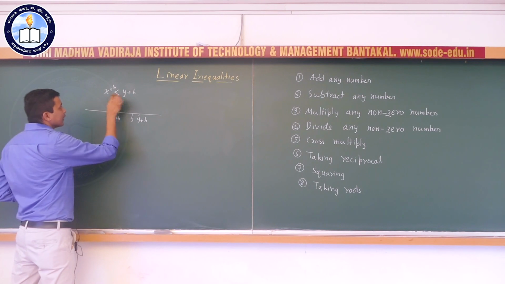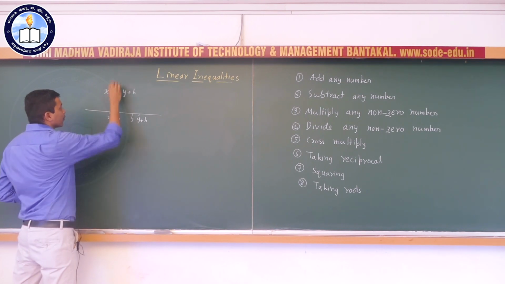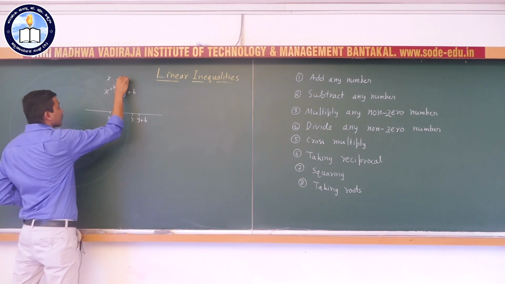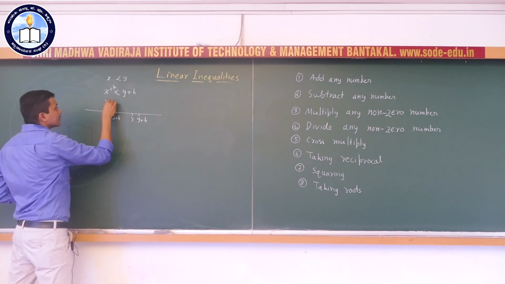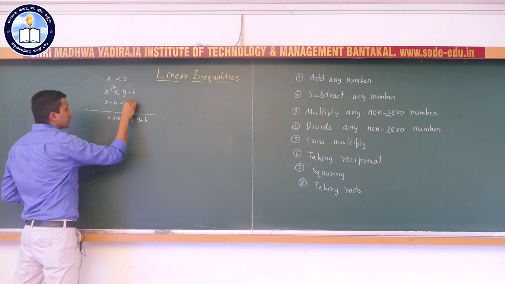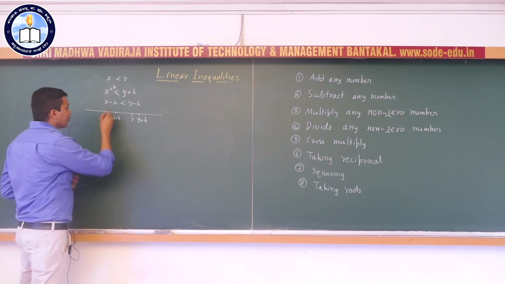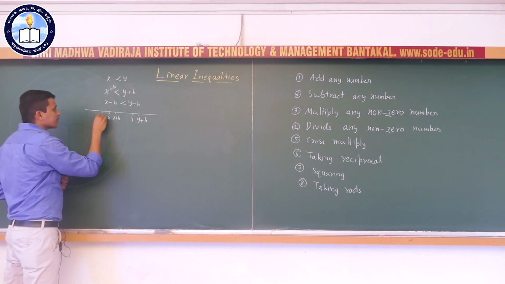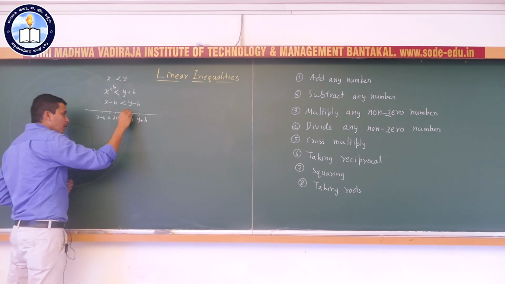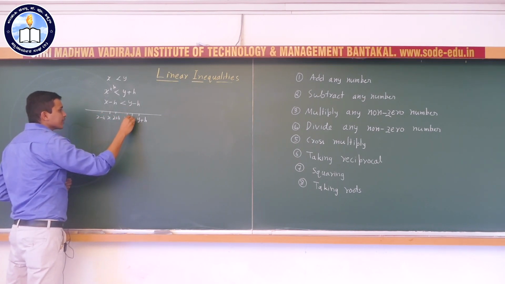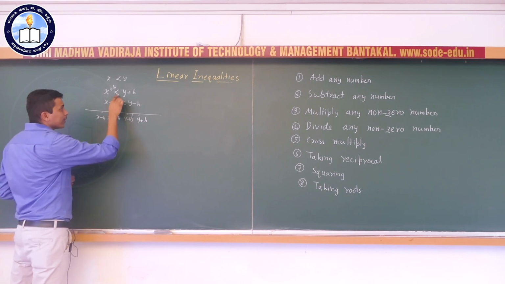Similarly, for the inequality x is less than y, if I subtract the same number h on both the sides, it becomes x minus h, right? And here also it shifts slightly to the left, it is y minus h. But the inequality remains the same.